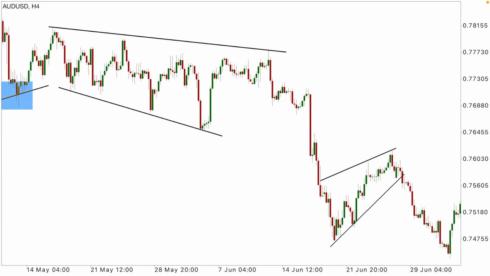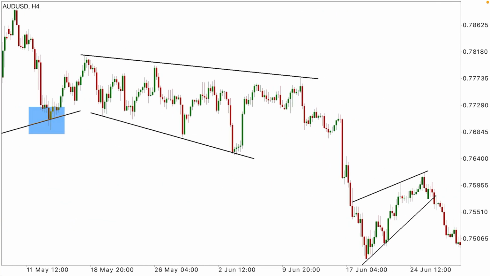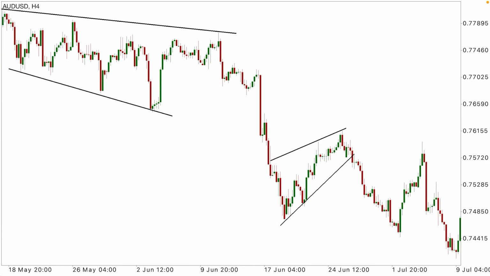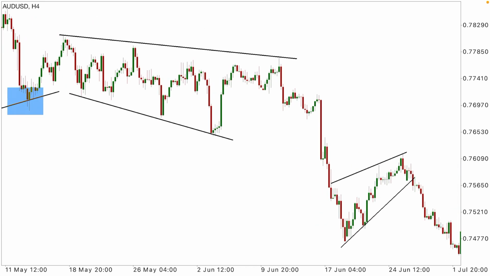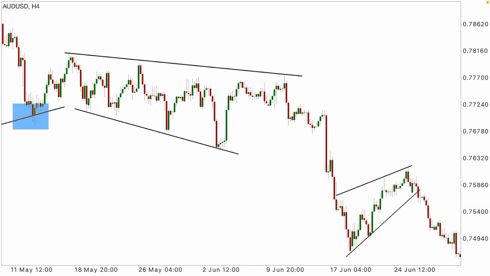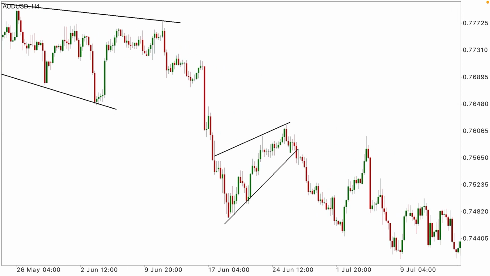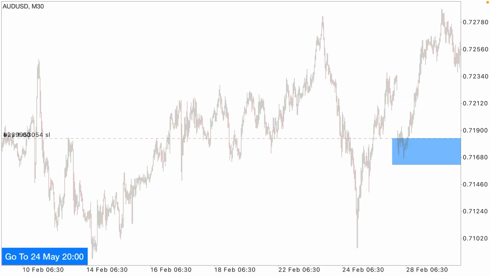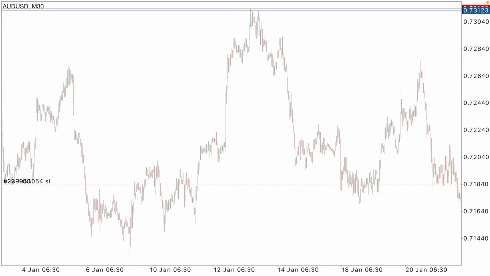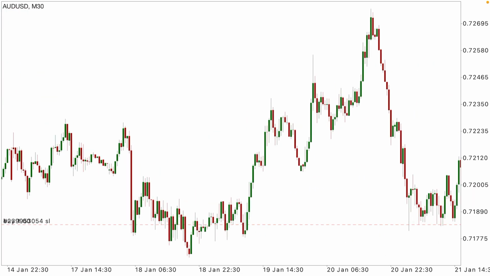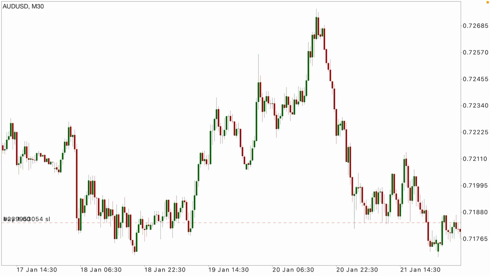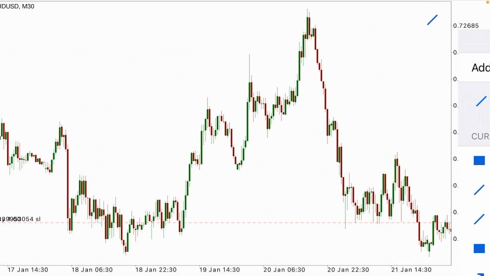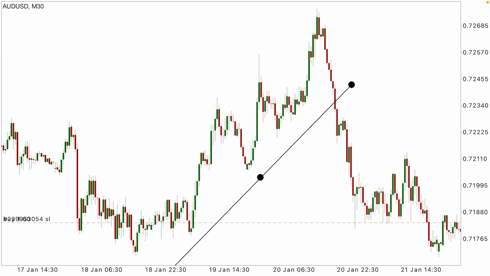Now in this case, you see I've marked this to make things a little bit faster. Now this is a typical trend line. Let's see it more clearly on a 15 or 30 minute time frame. All right, in this case we have a trend line here.